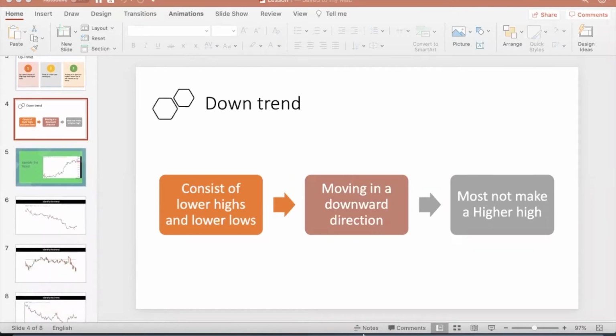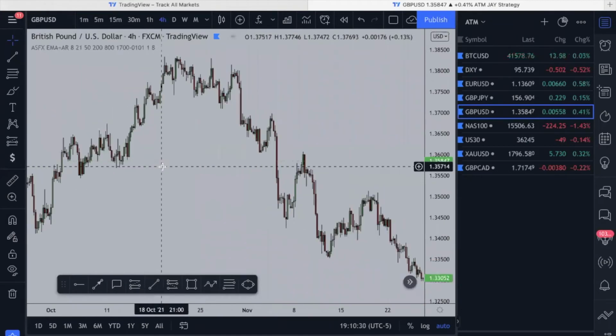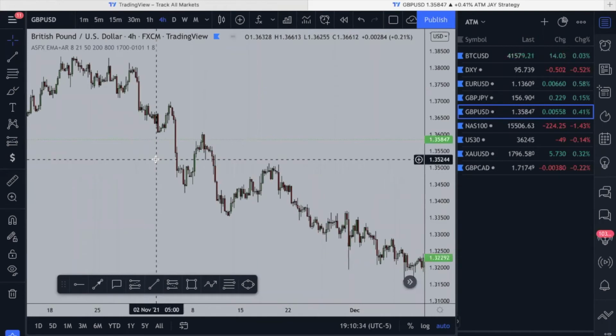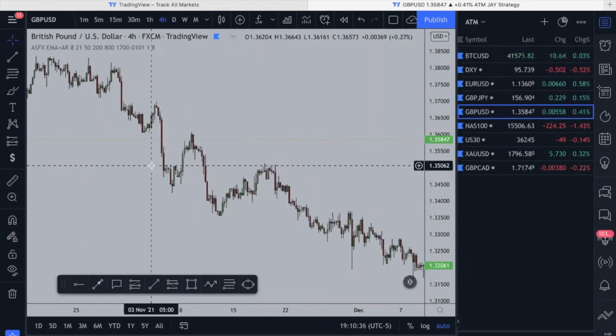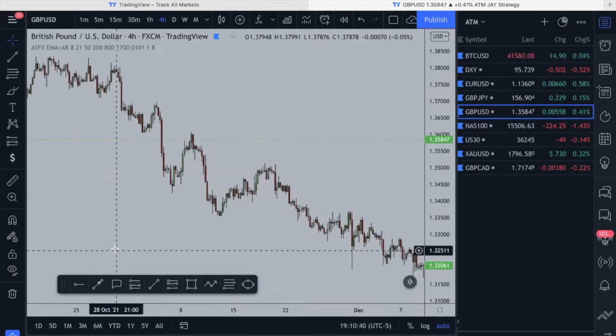So here we go. If you're watching this right now, you could just pause and let me know. You could try and label whether we have higher highs or higher lows, or lower highs or lower lows, and if we're on a downtrend or uptrend.